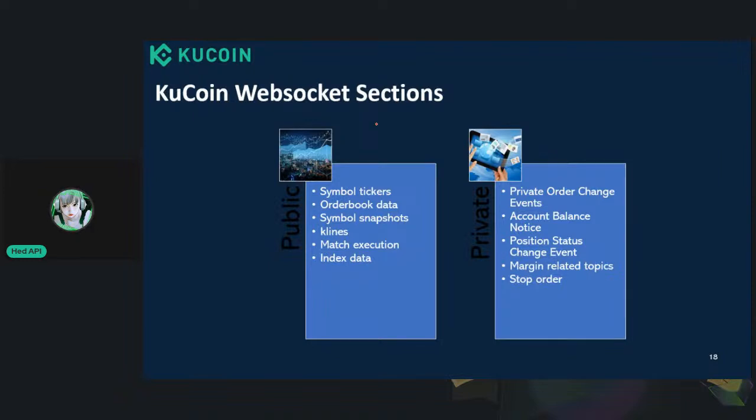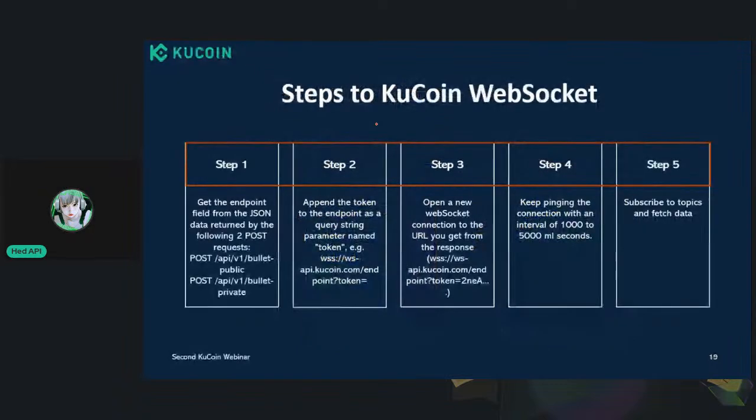And on the other hand, in the private channel, you can get the private order change events for your orders, account balance, the position status change event, and also some margin related topics and about your stop orders. We will test one of them here.